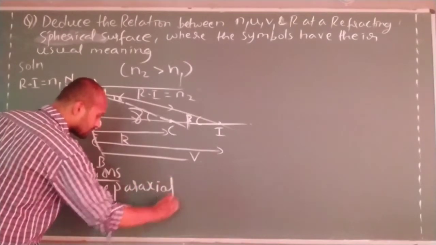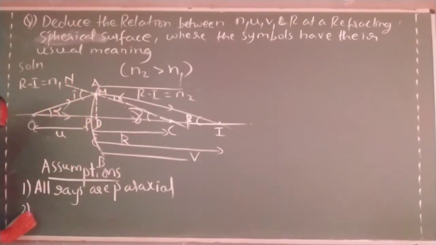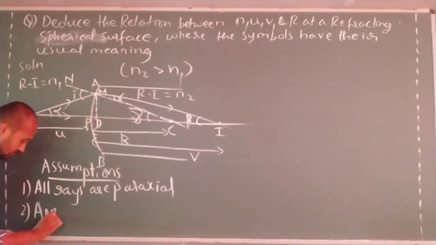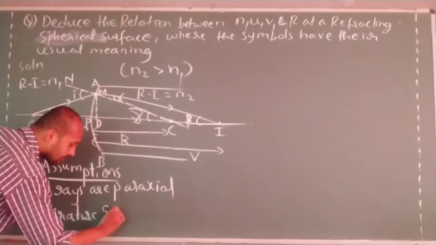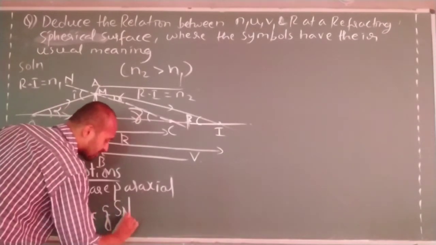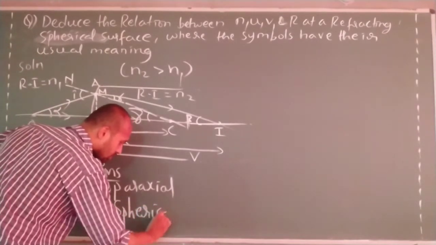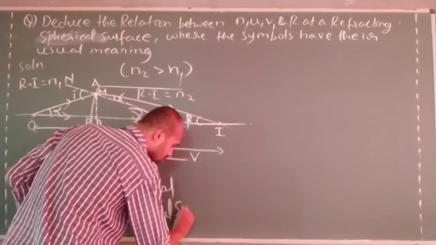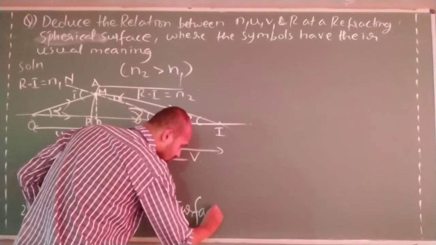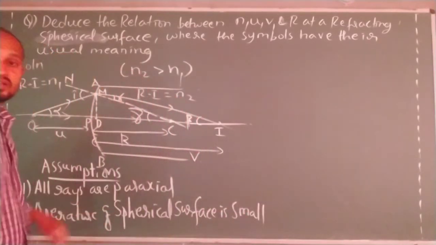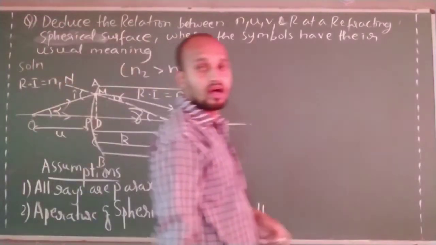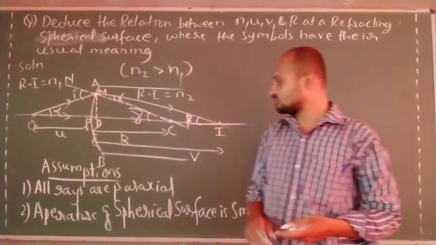Second assumption, the aperture of the spherical surface is small. These are two very important assumptions.